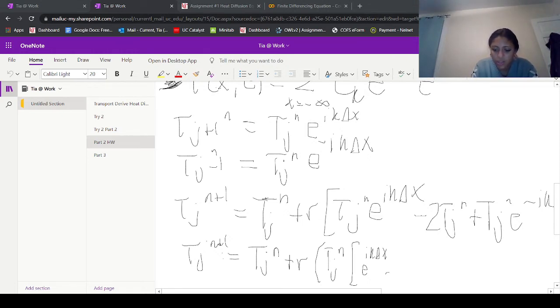I'm gonna go to text mode so I can move over. And we're gonna wait here. Let me zoom in a little bit so I can write better. And then we go to plus, and then we have the e to the negative i k, and then change in x, if I remember correctly.